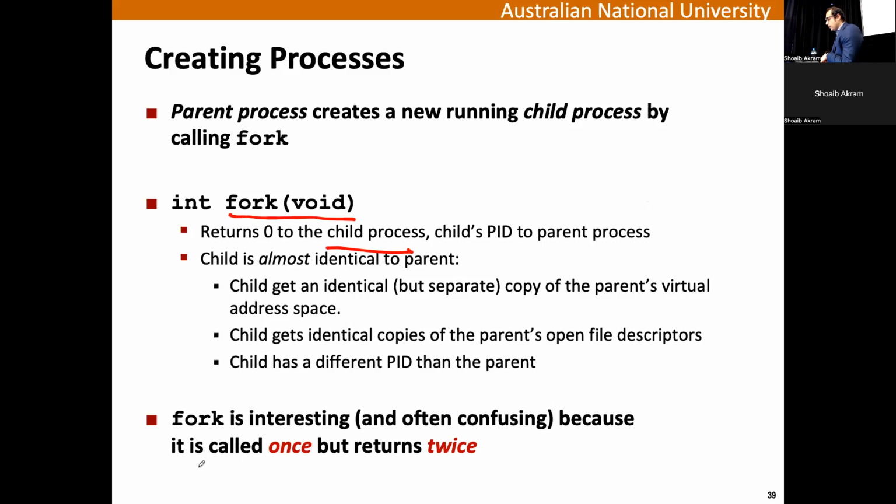It is called once, but returns twice. It creates a new child process with a private address space and a logical control flow. The child process gets 0, and the parent process gets the ID of the child.